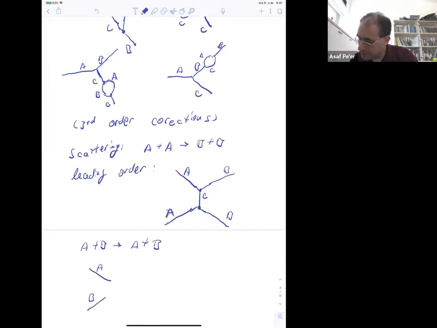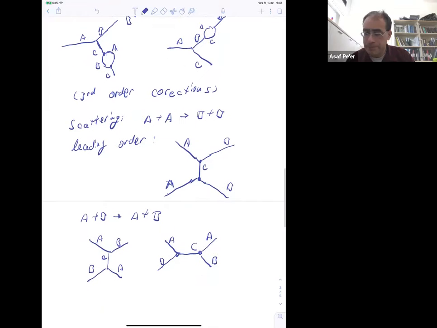One is that immediately we get a B and an A, so T channel, where here we must have a C. Or we can have an S channel, and then we end up with an A and B. In all cases, we keep all the rules: only three particles, each vertex connects A, B, and C, and that's it. So everything is within what is allowed by the model that we define.